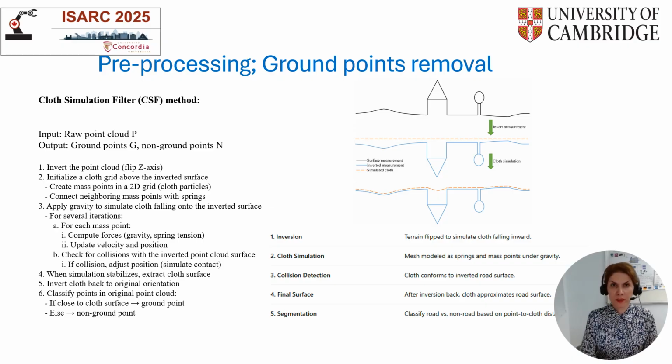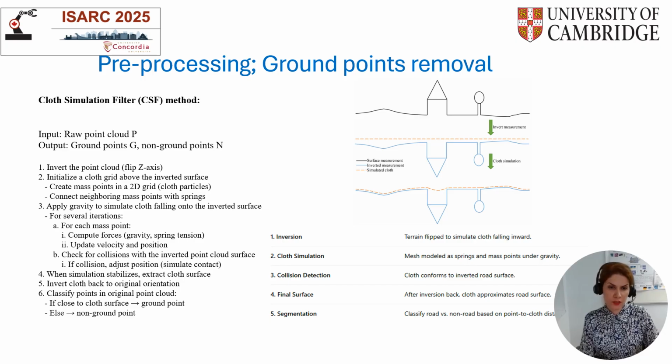By simulating a cloth-like surface, it drapes over the point cloud, and the algorithm mimics gravitational effects, classifying points as ground or non-ground based on their position relative to this simulated surface. This method demonstrates remarkable versatility, capable of handling diverse terrains, including both steep and flat areas, making it particularly valuable for large-scale point clouds.